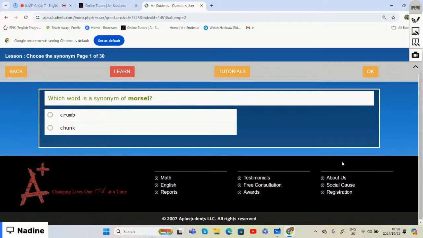Which one is correct? Do we say the synonym of morsel is crump or chunk?